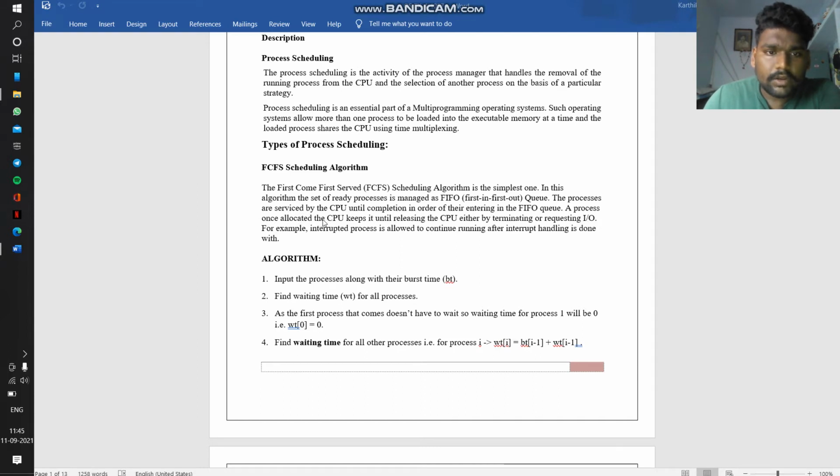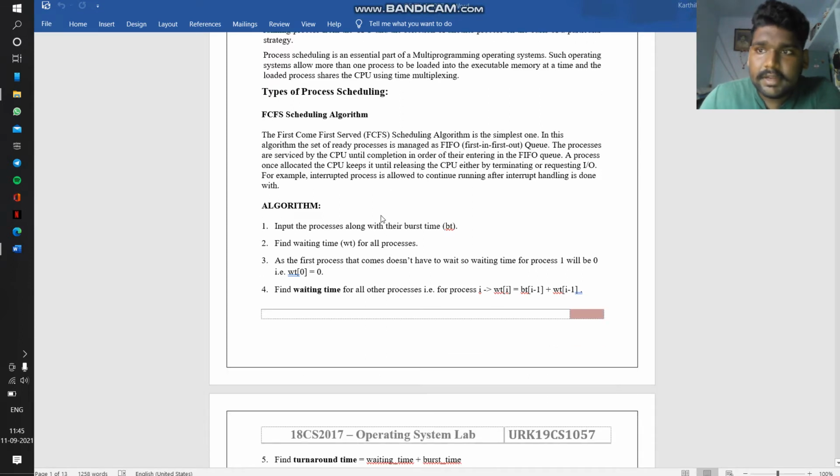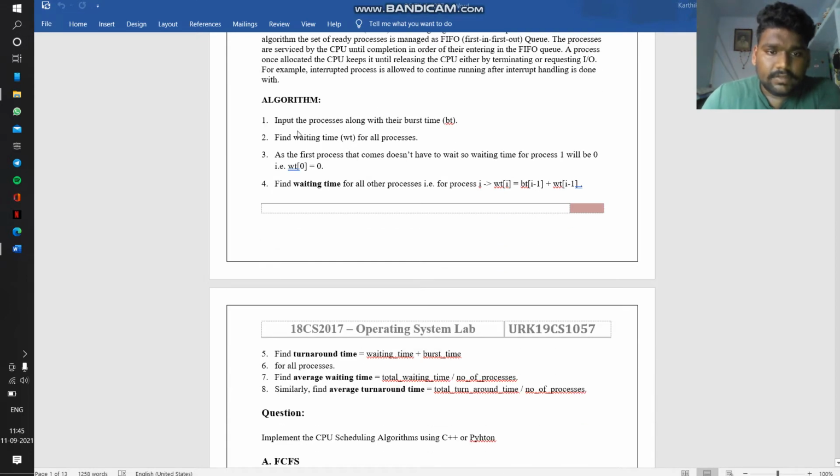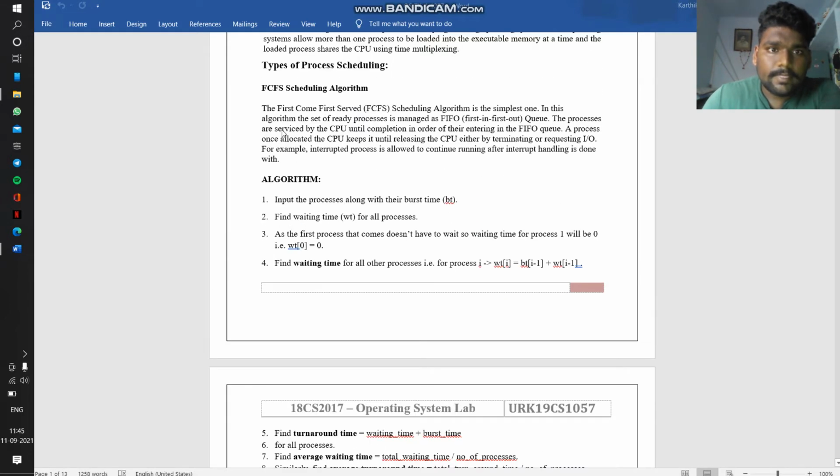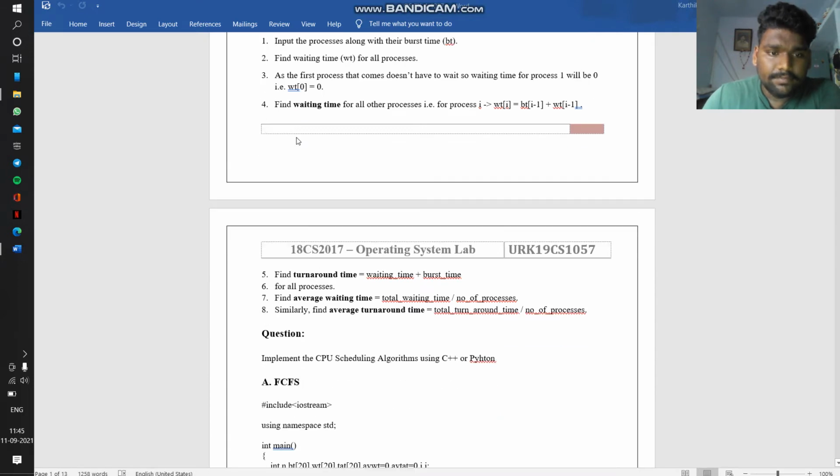A process once allocated the CPU keeps it until releasing the CPU, either by terminating or requesting input or output. For example, an interrupted process is allowed to continue running after interrupt handling is done. This is the algorithm for FCFS.